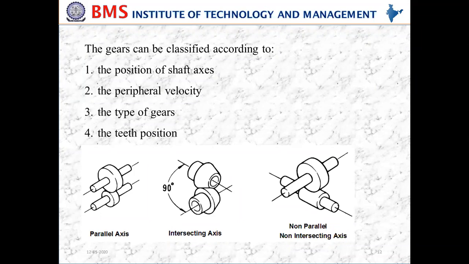And the types of gears can be different: worm gear, bevel gear, spur gear, and so on. And based on the teeth position, the teeth can be on the periphery of the gear wheel, or on the inner side. That is called external gears and internal gears. External gears have the teeth on the periphery of the wheel, whereas in an internal gear the teeth are inside the wheel. So these are the classifications of gears.